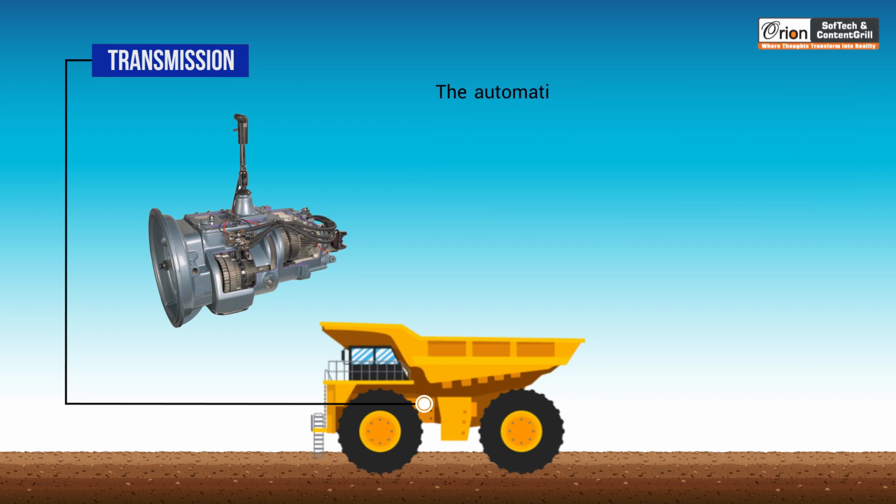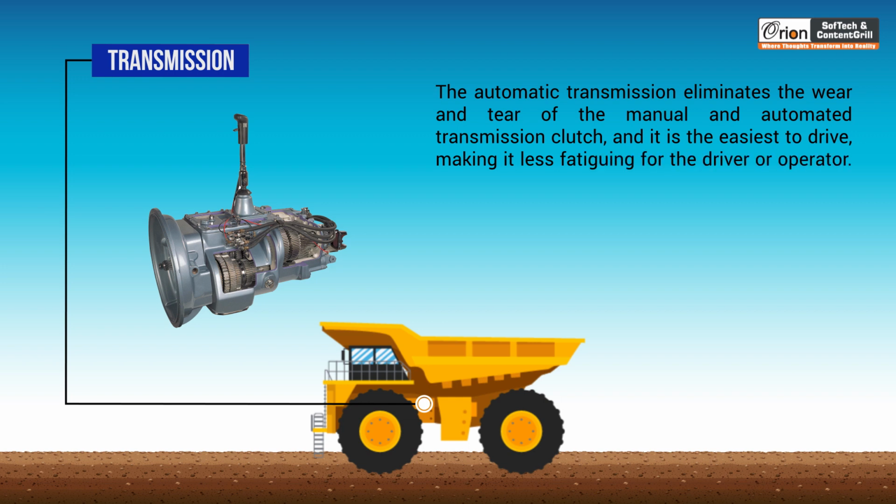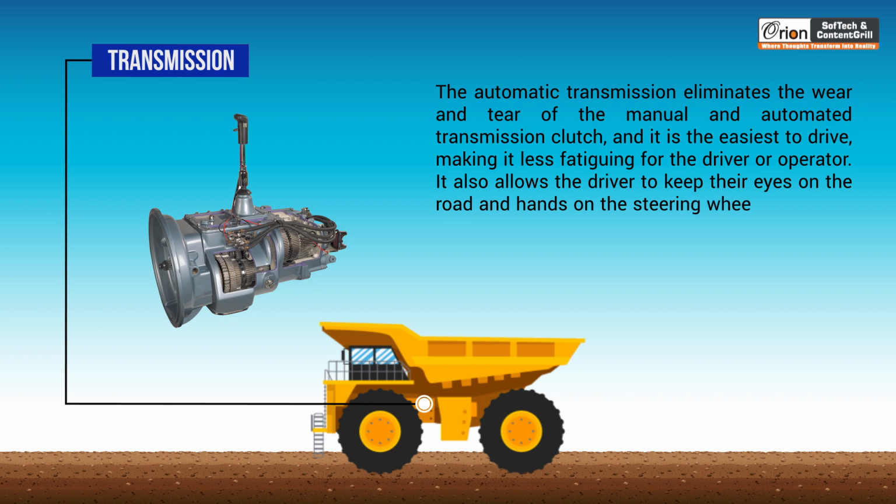The automatic transmission eliminates the wear and tear of the manual and automated transmission clutch, and it is the easiest to drive, making it less fatiguing for the driver or operator. It also allows the driver to keep their eyes on the road and hands on the steering wheel, increasing safety.